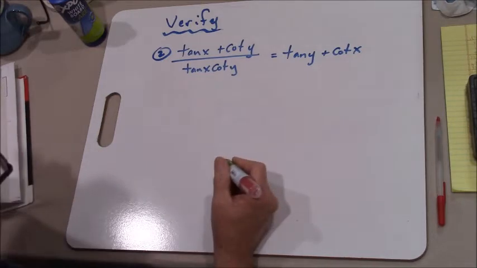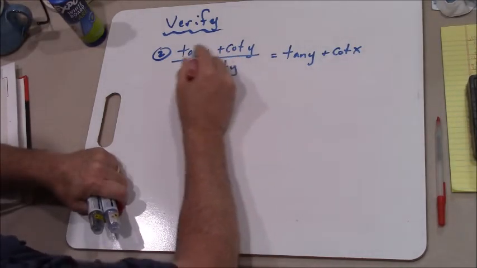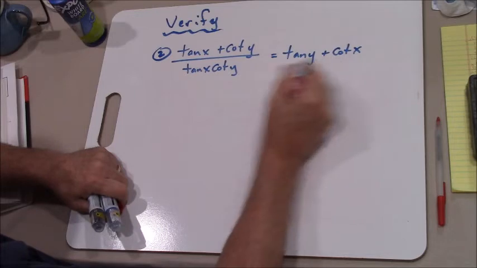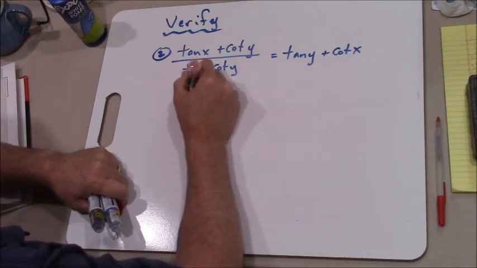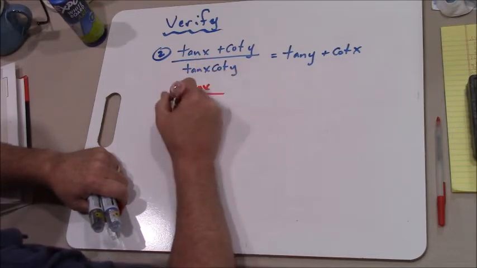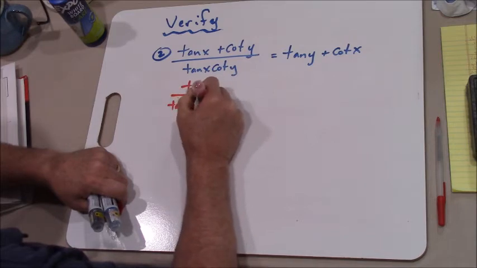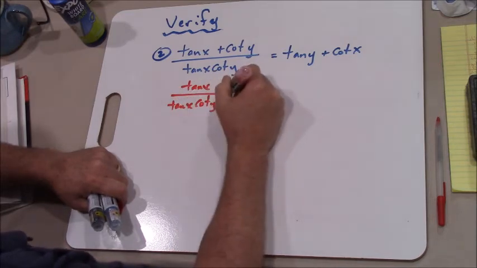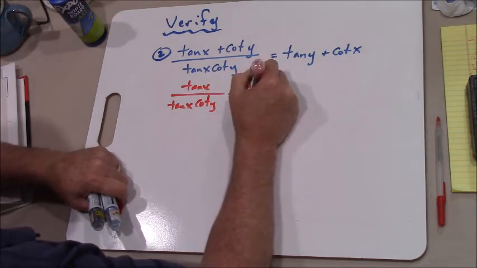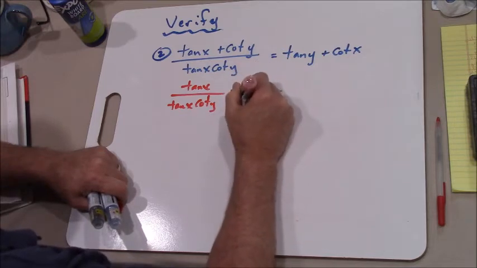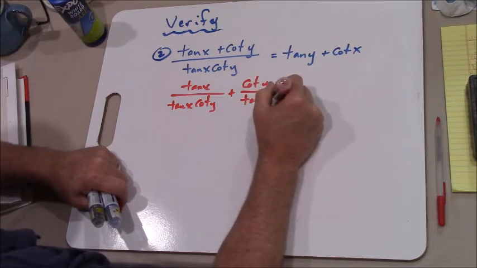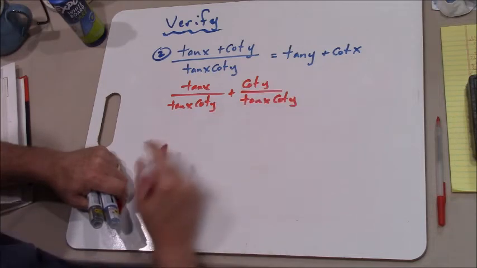So I'm going to go ahead and divide this up into two terms just because I see two terms over here. I've got tangent of x over tangent x cotangent y plus cotangent y over tangent x cotangent y.